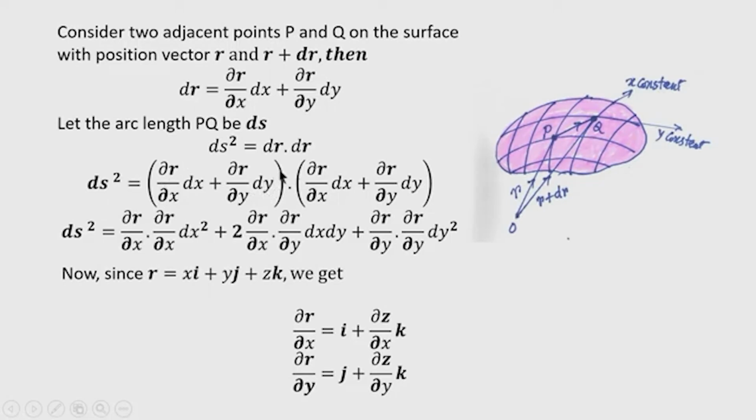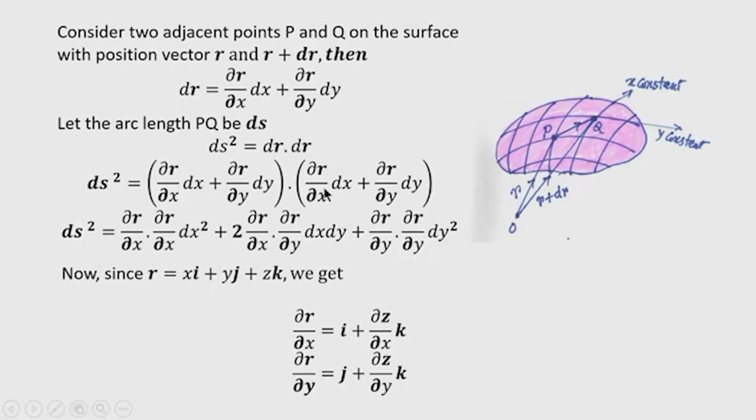So, the dot product is done here, and if I expand this product, that means term by term multiplication, then I will get del r by del x dot del r by del x, and dx, these are scalar quantities, so dx square, plus del r by del y dot del r by del y dy square.